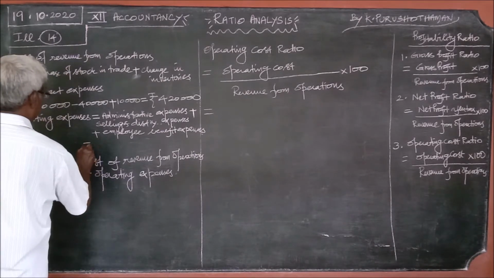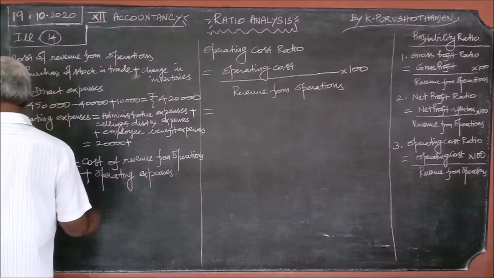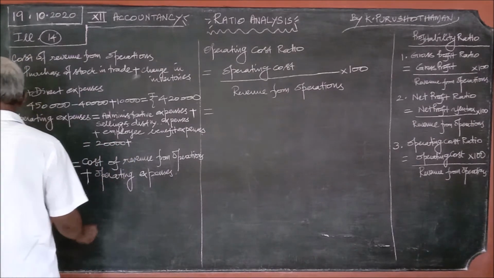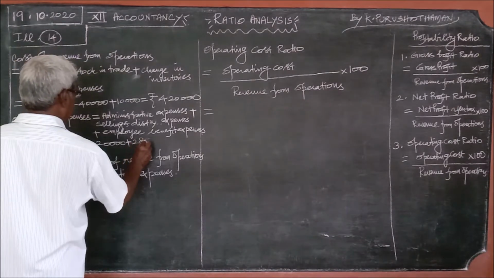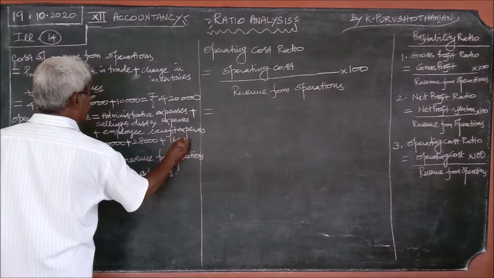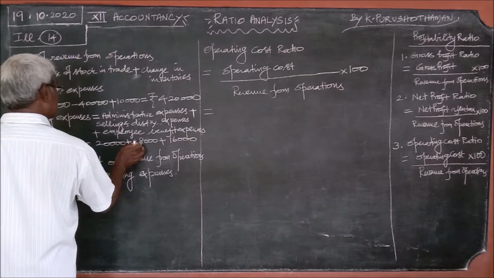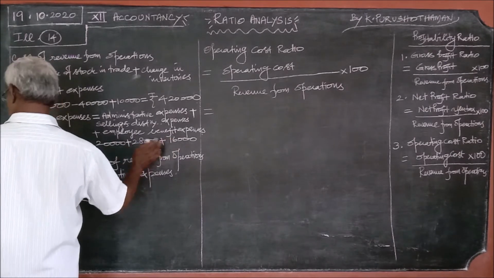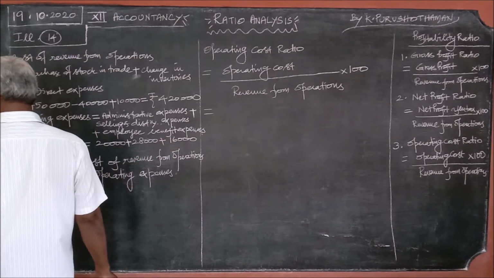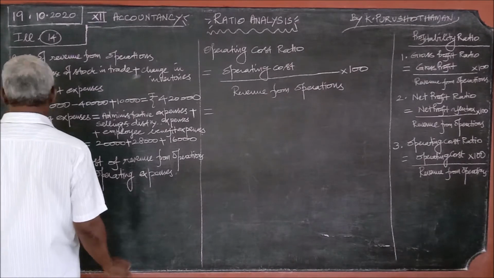So this is equal to 20,000 plus 28,000 plus 12,000.